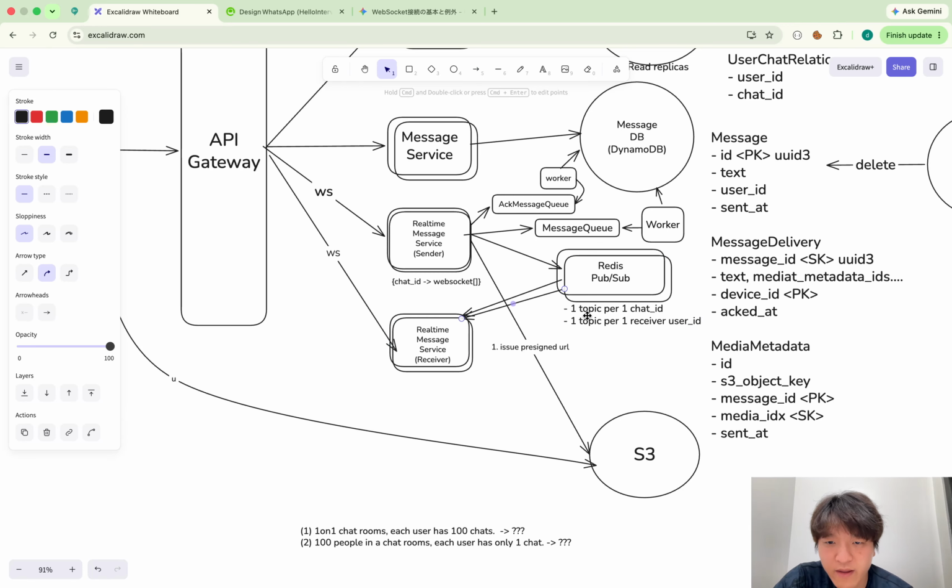So it looks like this. So this is all for one specific receiver.